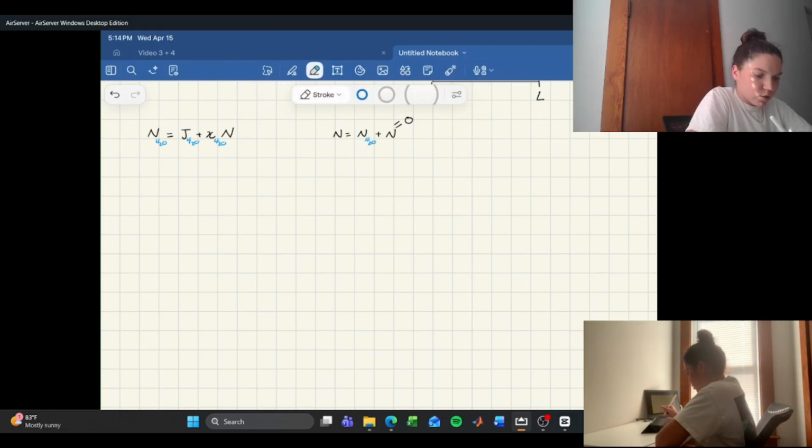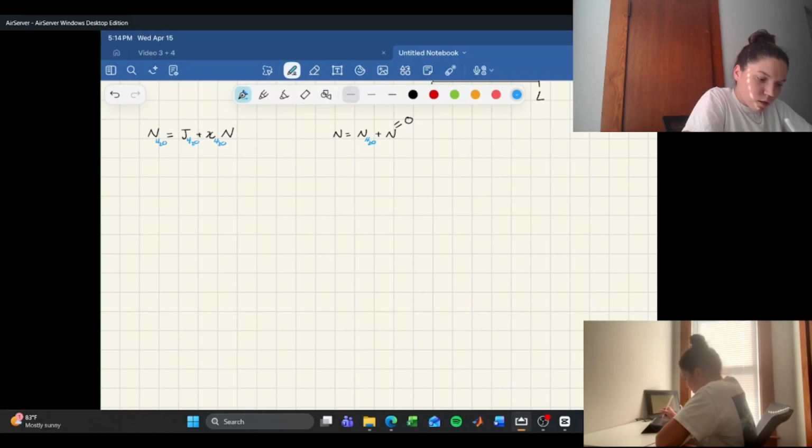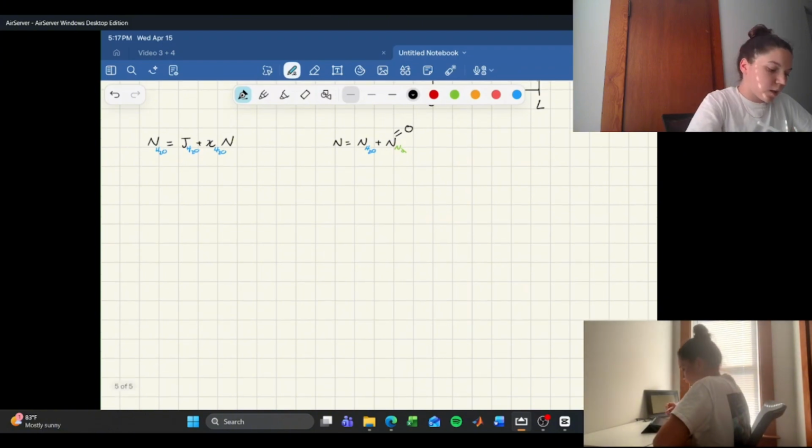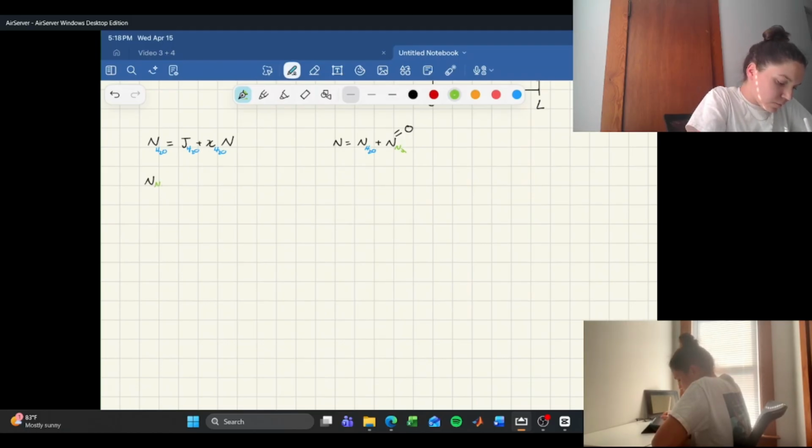And then N2 was the molar flux of nitrogen. Okay. And then now we can write out the overall flux for nitrogen, which is going to be the molar flux of nitrogen plus the mole fraction.